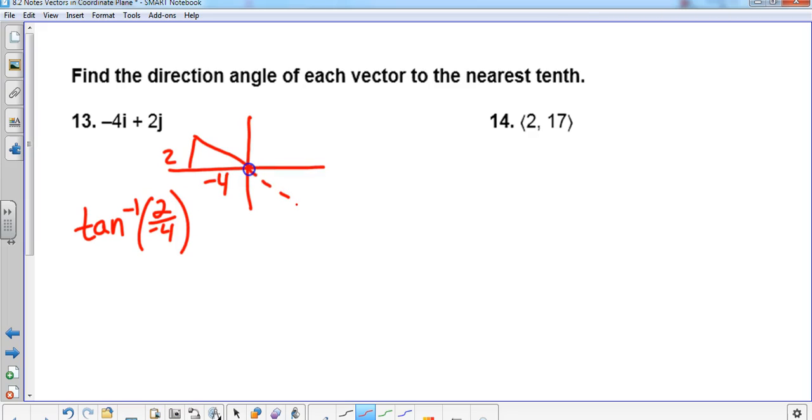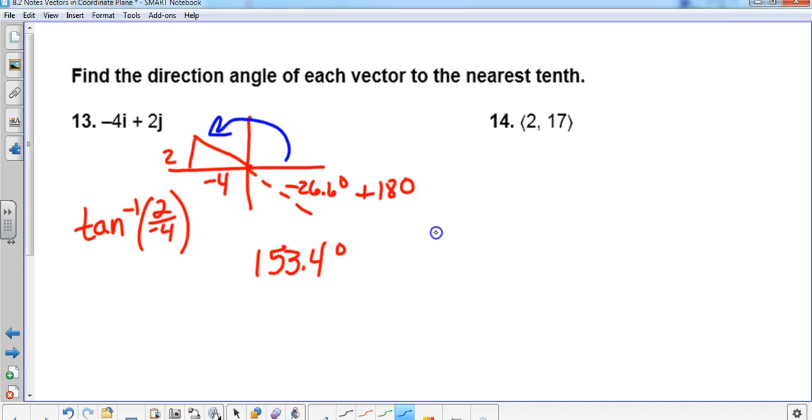Now, it thinks we're down here at -26.6 degrees. What do we need to do? Add 180. Does that seem right? Would it put us over here in quadrant 2? Okay, so this is the angle that I need you to answer.